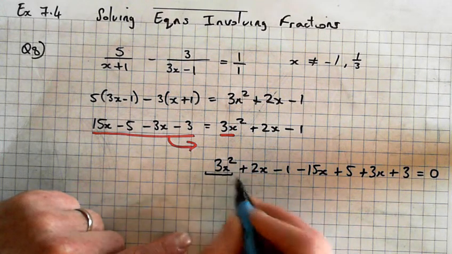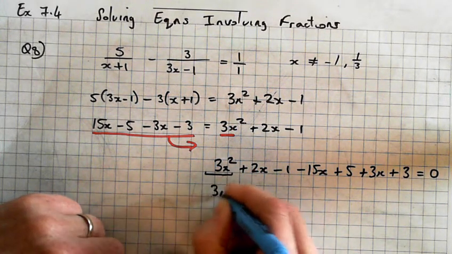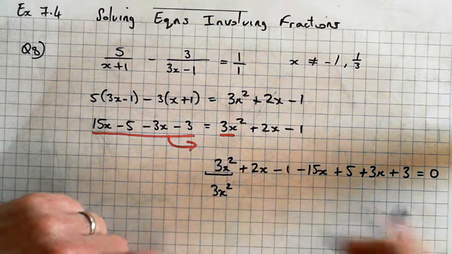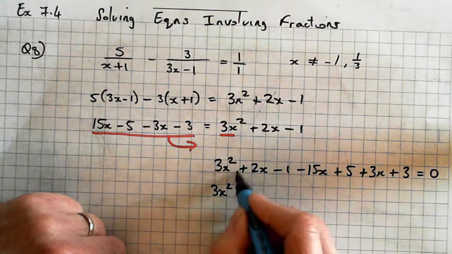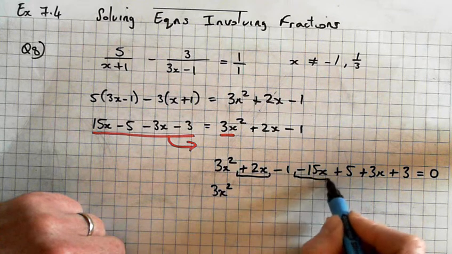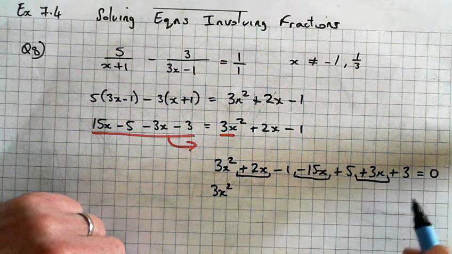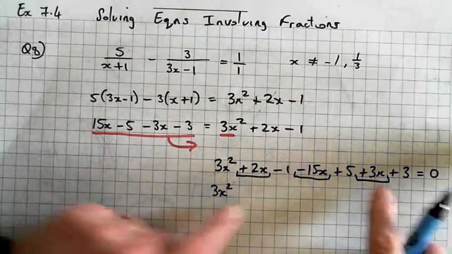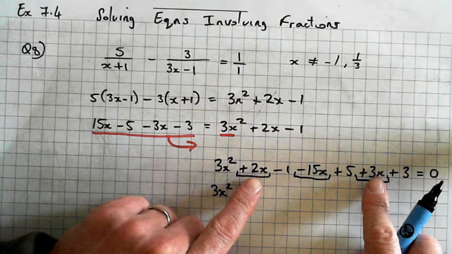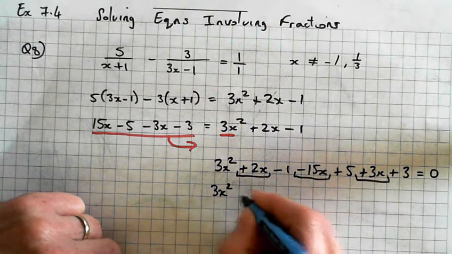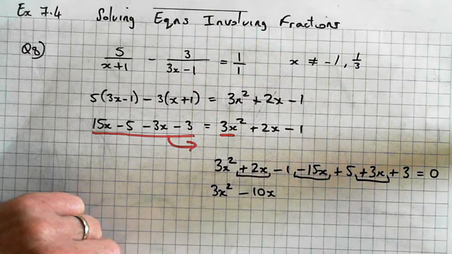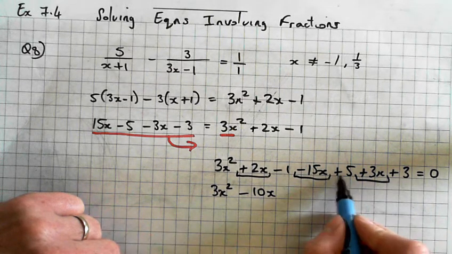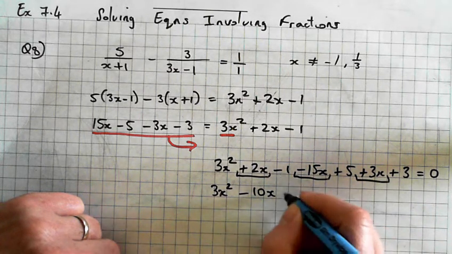That's all the x squareds there are. Now the x's. So plus 2, add the likes, so plus 2 plus 3 is 5, minus 15, minus 10x. And then the numbers, 3 plus 5 is 8, minus 1 is 7.